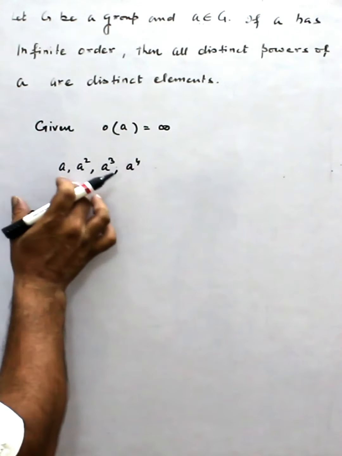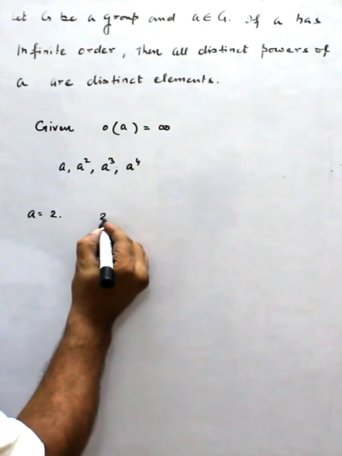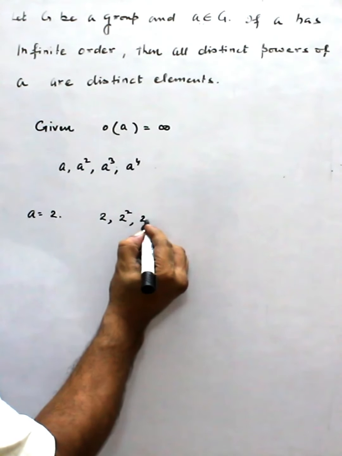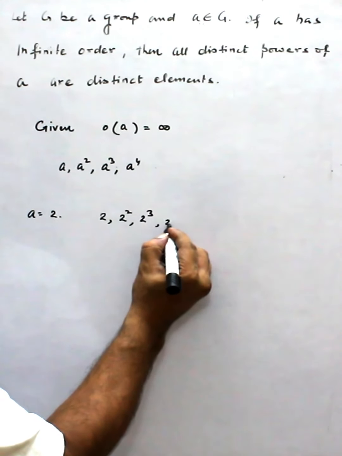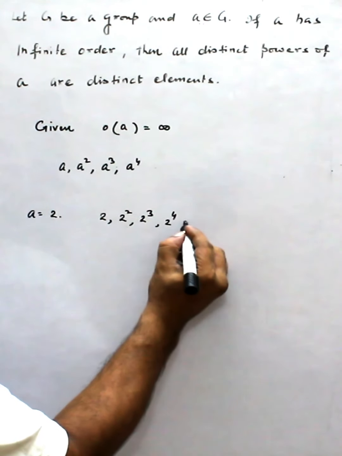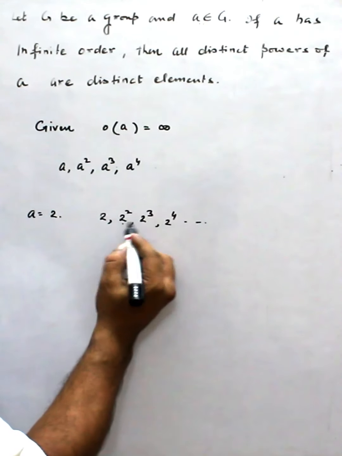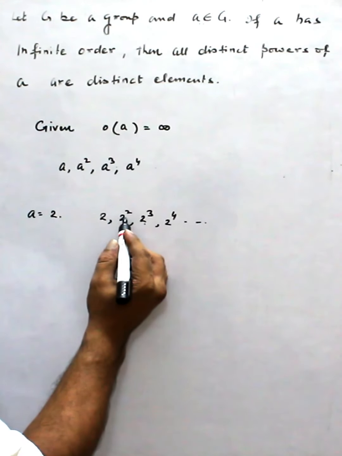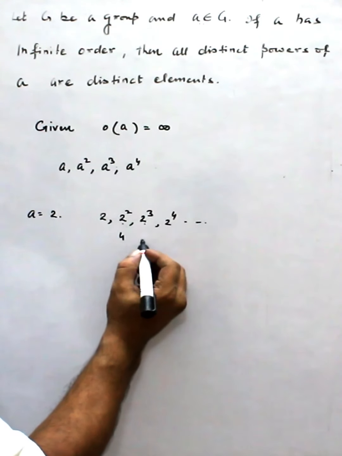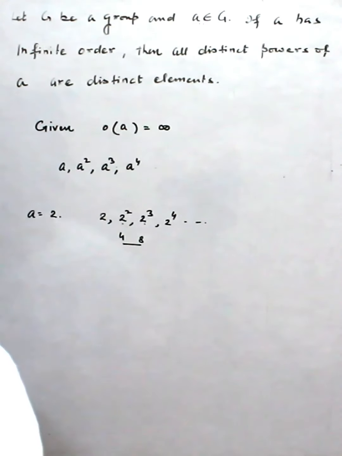If I change the different powers of 2, that means 2 and 2 square, 2 cube, 4, and so on. See, each time when the power is different, the number is different. Here we are taking 2, so this gives the number 4 and this gives the number 8. So the numbers are different.